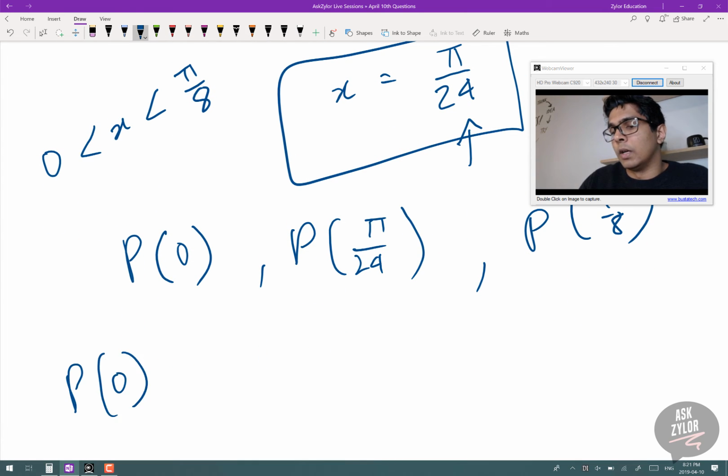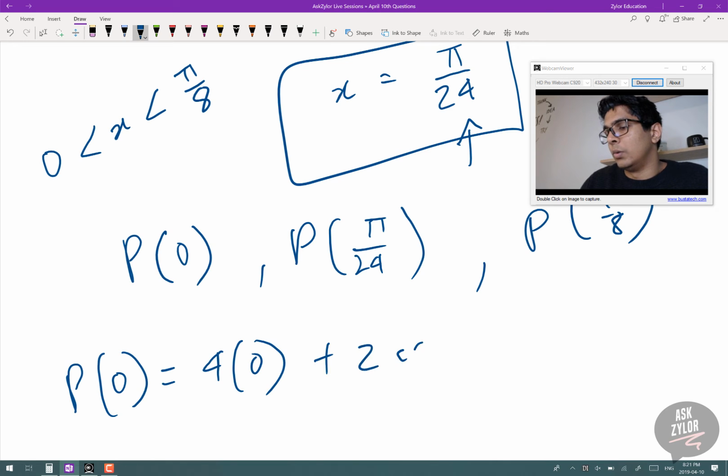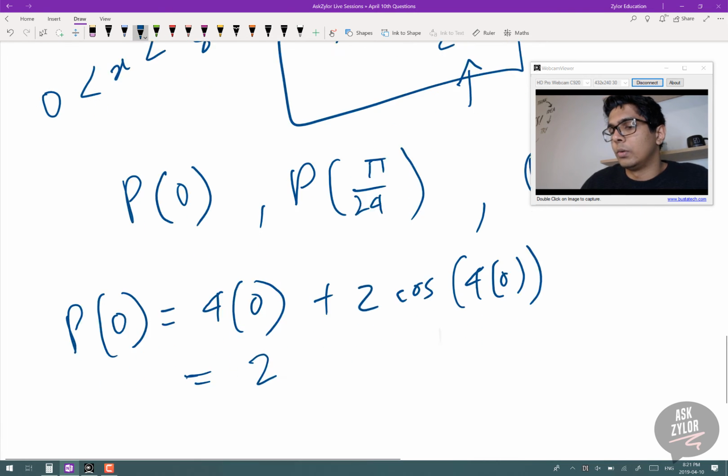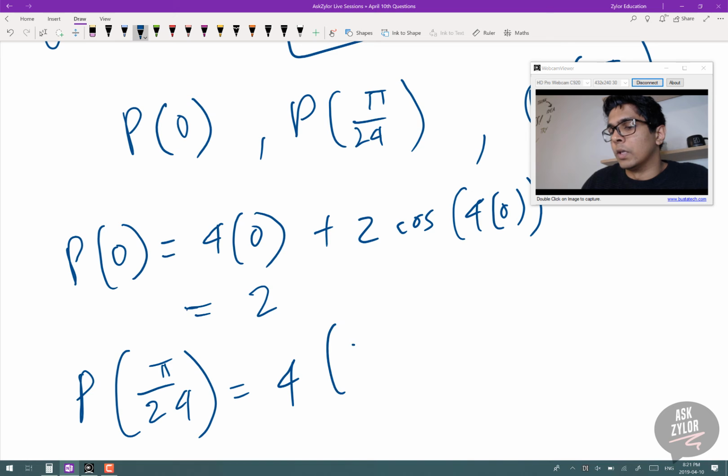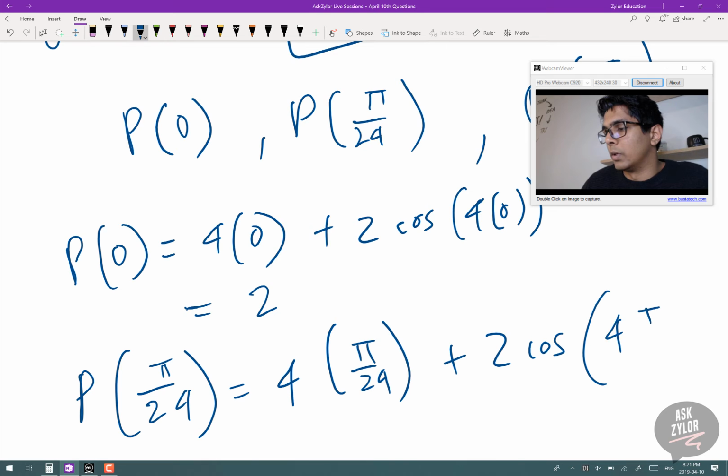So my p at 0 will be 4 times 0 plus 2 cos 4 times 0 again. So that's going to be left with 2. Then we'll find out pi over 24: 4 times pi over 24 plus 2 cos 4 times pi over 24.